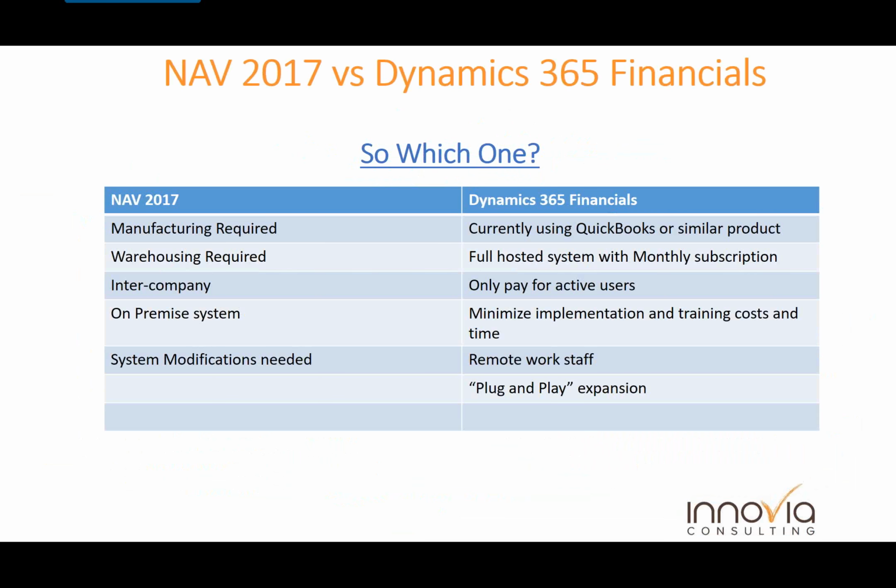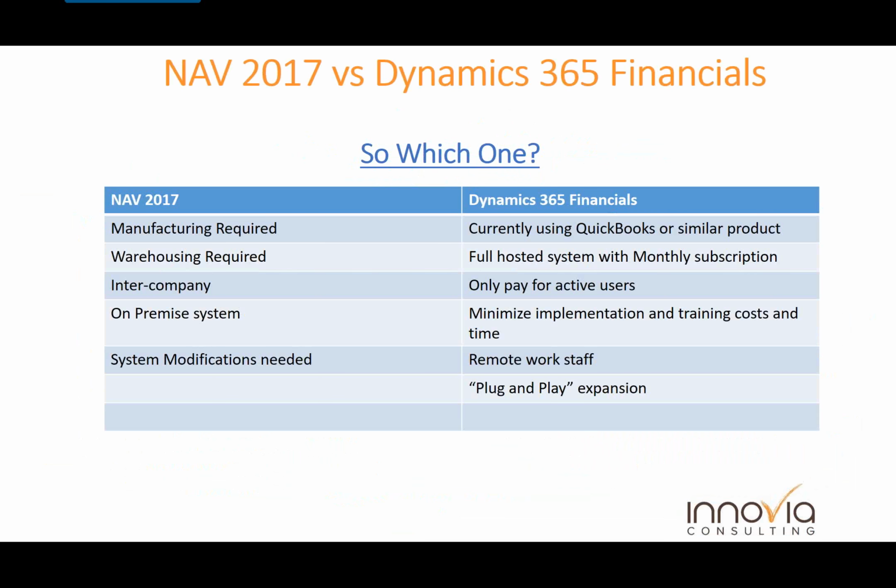NAV 2017 is a big ERP system, and it's very extensive, and I've seen it used everywhere from $2 million a year companies to $500 million a year companies. There's setup involved, and there's maintenance involved, and there's some work involved in it. And because it does so much more, like in manufacturing and warehousing, you've got some setup you have to deal with.